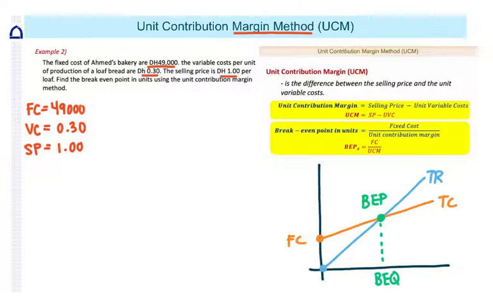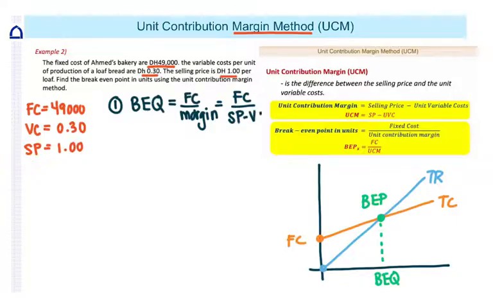Now, the margin method is simpler, in my opinion, than the algebra method, because we can go directly to a formula where we know that the break-even quantity is just the fixed cost divided by the margin. But even more specifically, that's just the fixed cost divided by the selling price minus the variable cost.